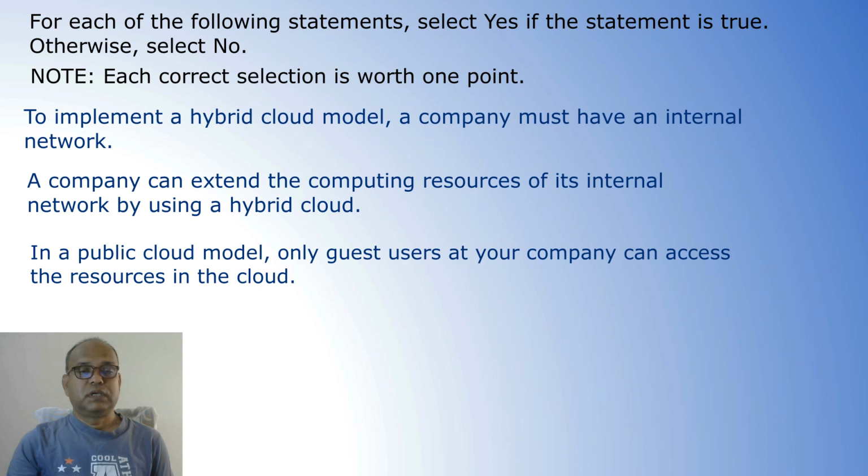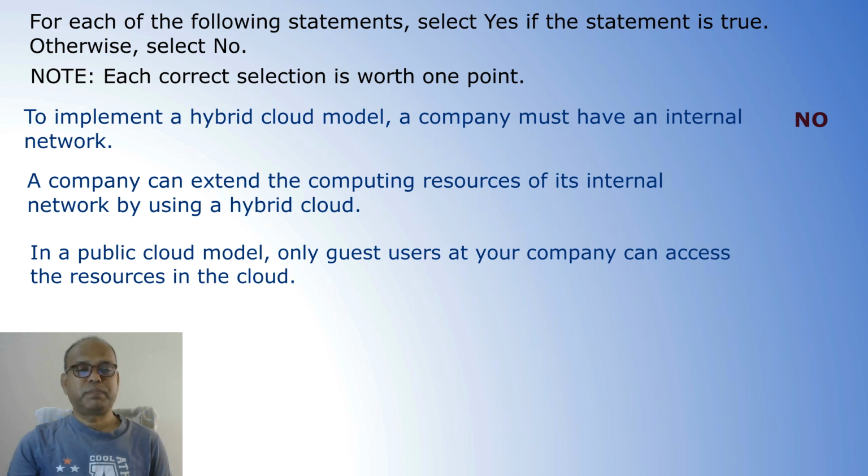Answer. In statement 1, this is false because for implementing a hybrid cloud model, it's not mandatory to have an internal network. You could start with a public cloud and then combine that with an on-premises infrastructure to implement a hybrid cloud.